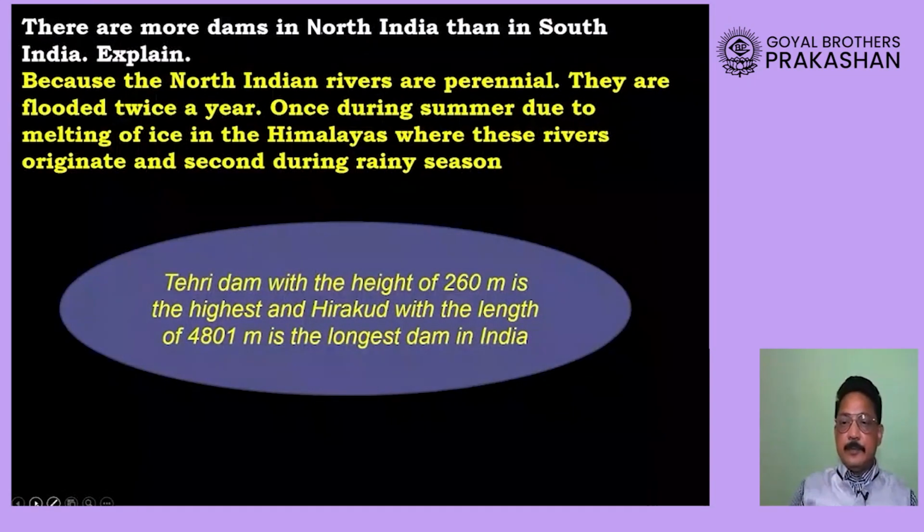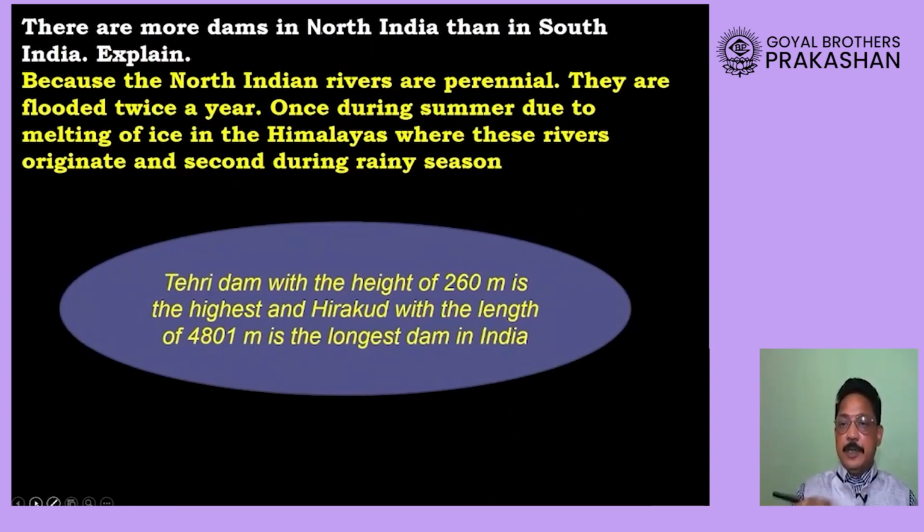Now, if a question is asked, dear students, why there are more dams in North India compared to South India, the reason is in North India there are more perennial rivers. Those rivers have water not only during rainy season, but when the snow melts in summer.